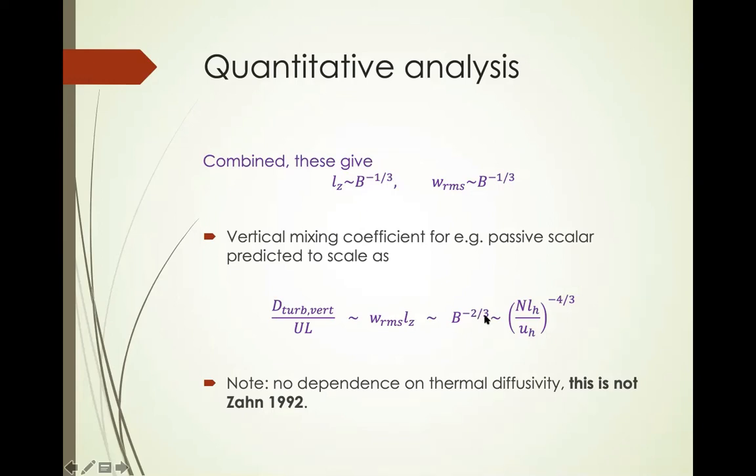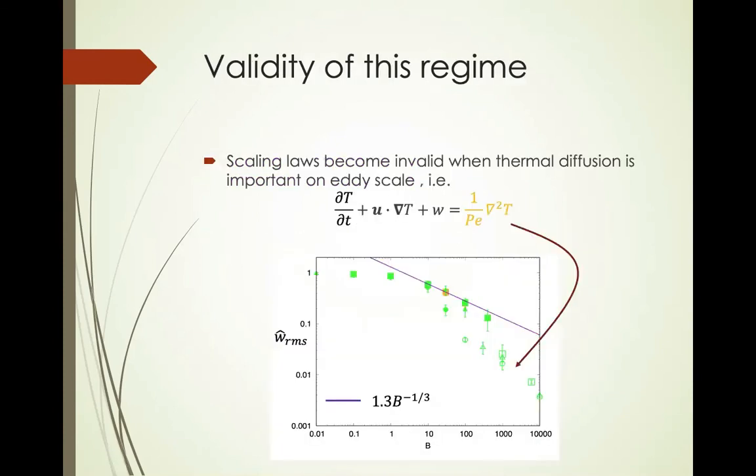And written in the original variables, it's the buoyancy frequency times the horizontal scale of the eddy divided by the horizontal velocity of the eddy to the power of -4/3. That turns out to be quite different from Zahn's model. And the obvious way of seeing this is that there's no dependence on the thermal diffusivity, by contrast with Zahn's model. But of course, these scaling laws are only valid in some intermediate regime, remember?